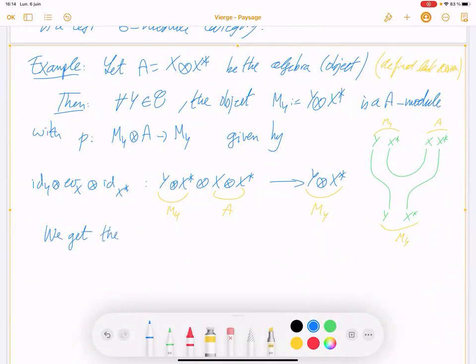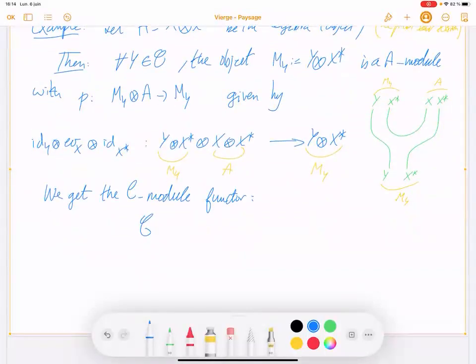We get a functor, in fact a C module functor, from C as a regular C module category to mod CA.